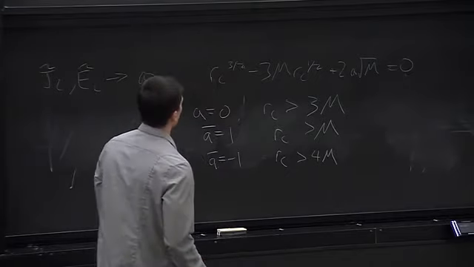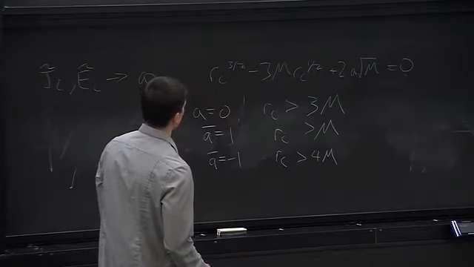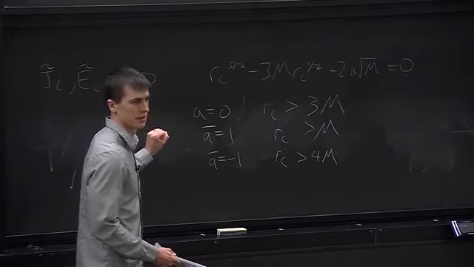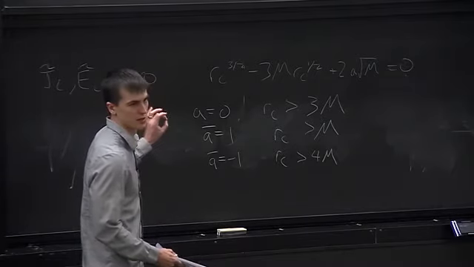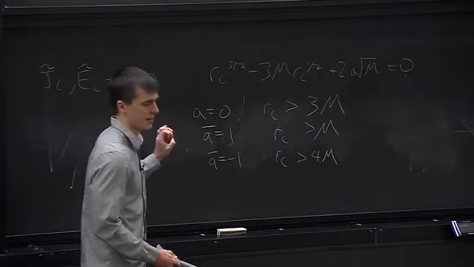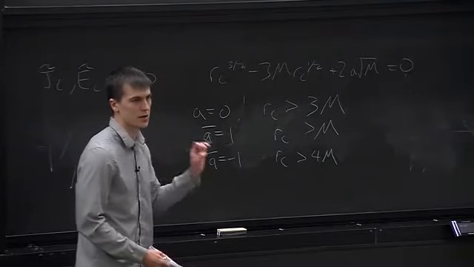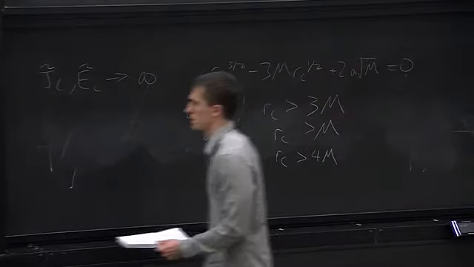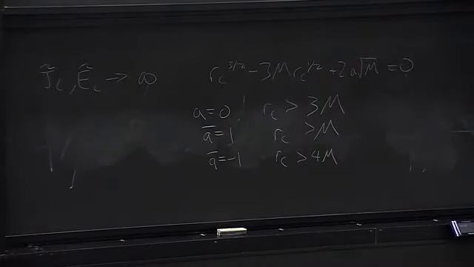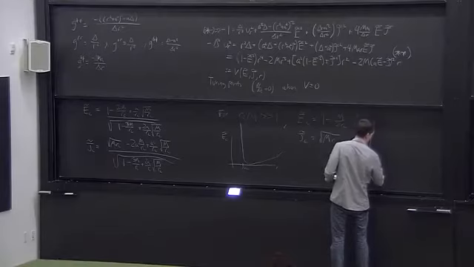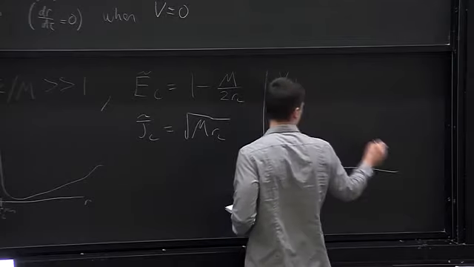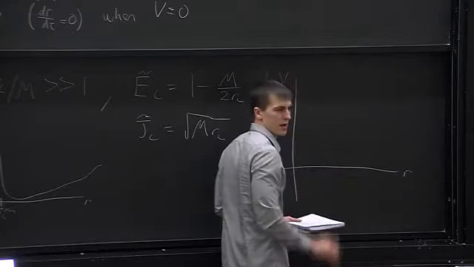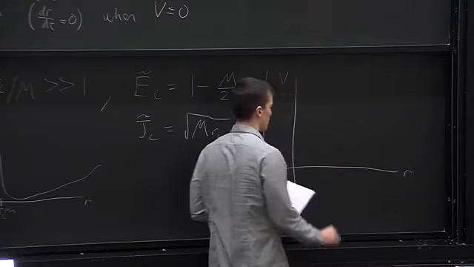However, not all these circular orbits are actually stable. It might be true that under small perturbations, they would either fall into the black hole or go out into infinity. To see that, let's recall that so far we've just solved for the cases where V has a 0 and its derivative is 0 at the same point.